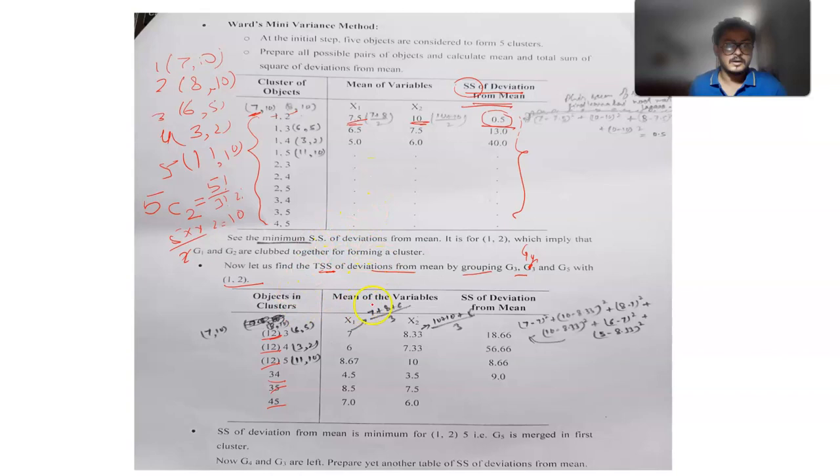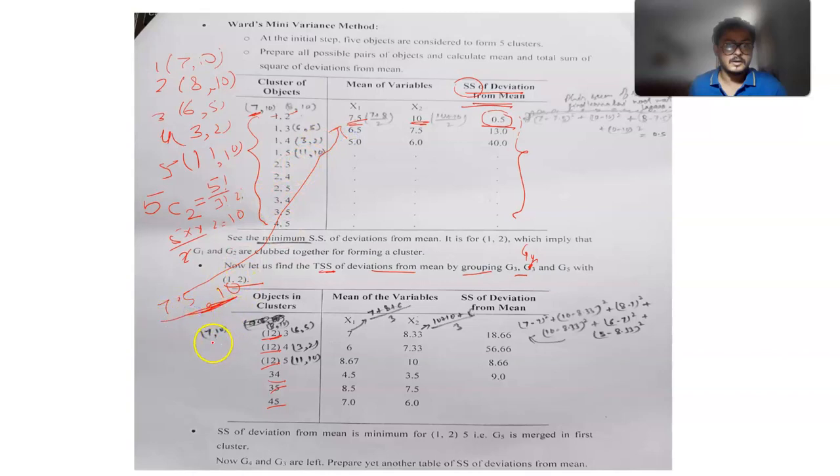For that we will find the mean of the variable. Here many people make mistakes: they find the mean using this value, 7.5 or 10. But we should not find the mean from this value.